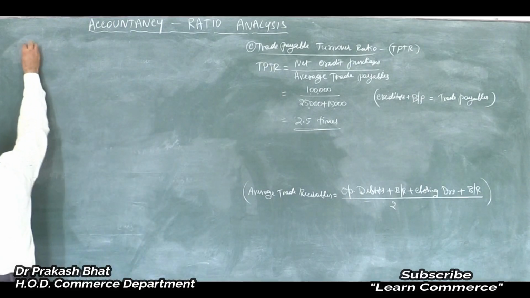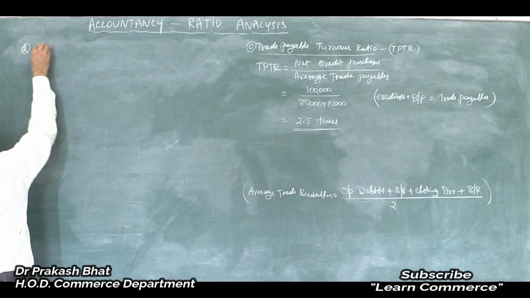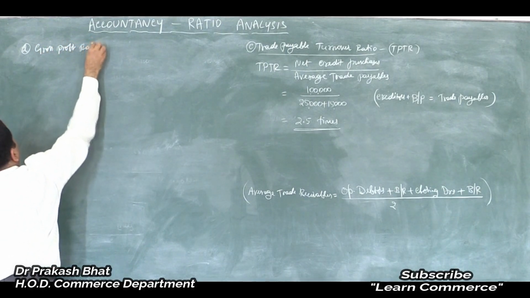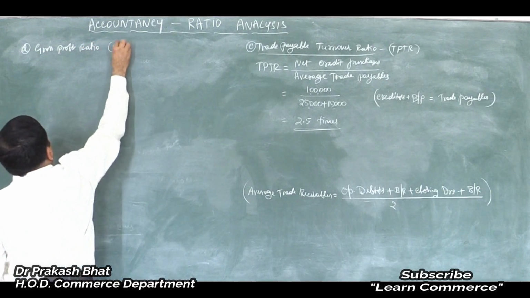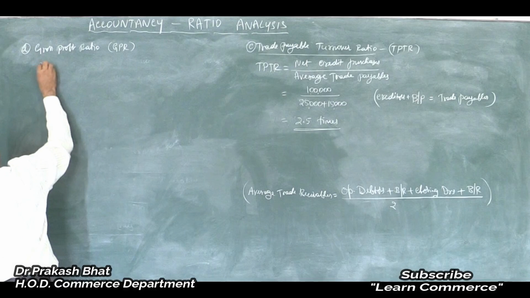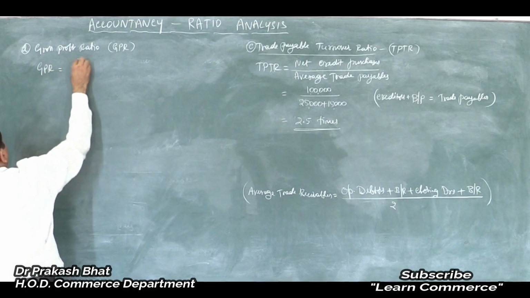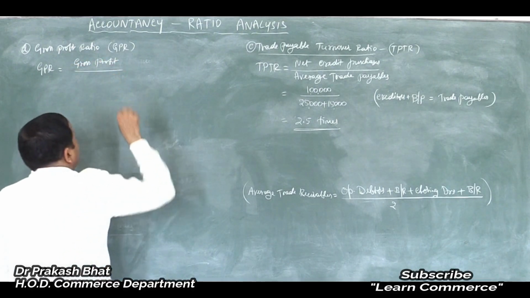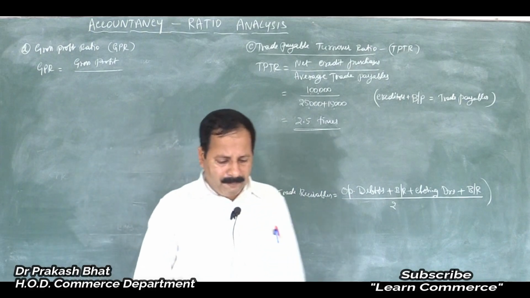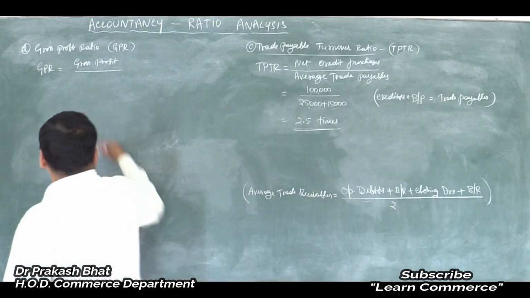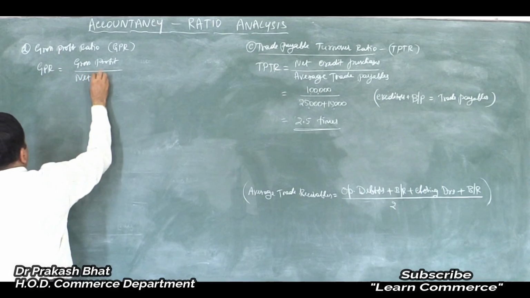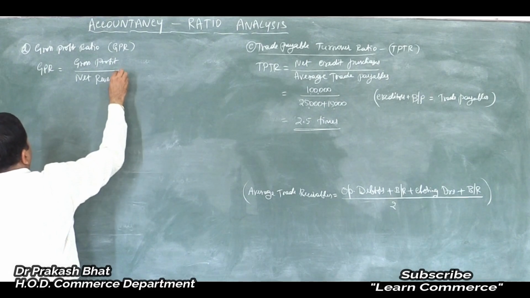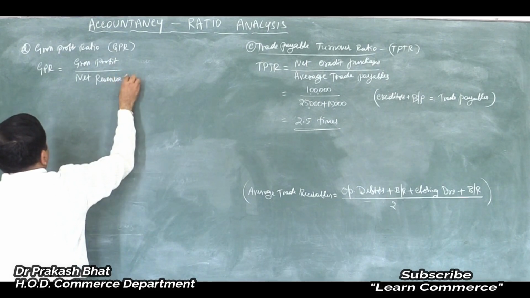Gross profit ratio, GPR, is equal to gross profit divided by net revenue from operations into 100. Gross profit divided by sales into 100, isn't it? Or gross profit divided by net revenue from operations into 100.